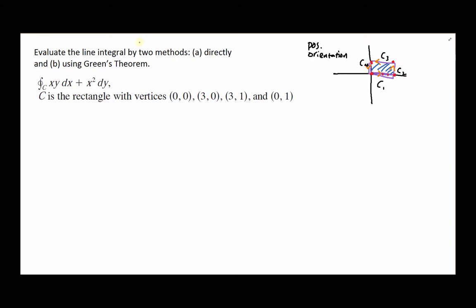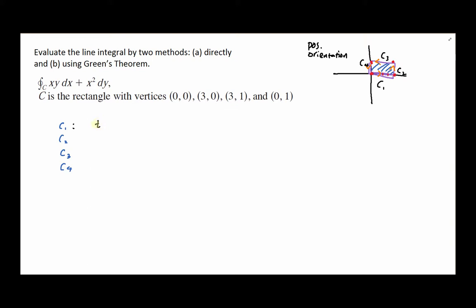Okay, we have to write the parametric equation. So I'm going to break it into four different equations: C1, C2, C3, and C4. Each of these numbers corresponds to the C1, C2, C3, and C4 curves right there. And we have to set the t. A lot of times the t will be time, but it's not necessarily time, so I'll say t for now.